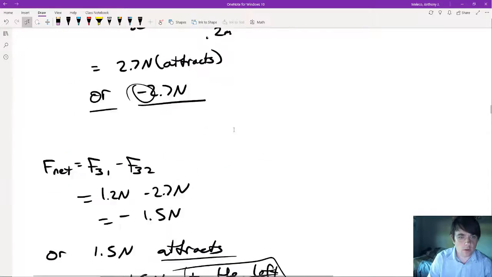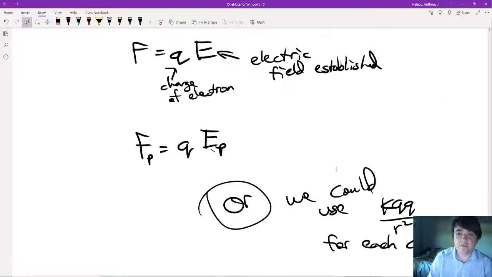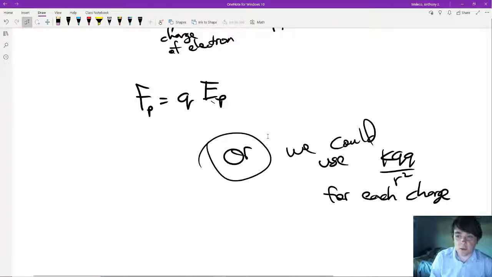It was up here, it was this guy. So we would have to do all of that again. Or we can use the fact that we already calculated the electric field, so let's use that.